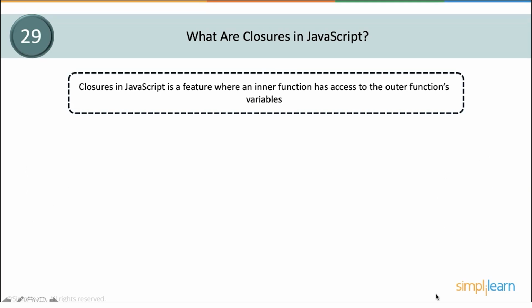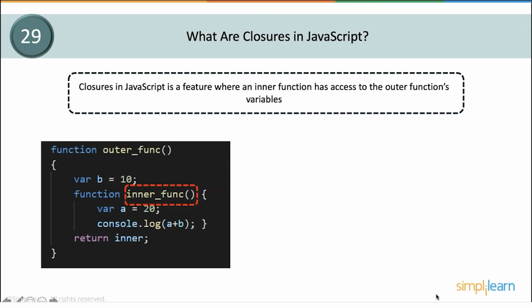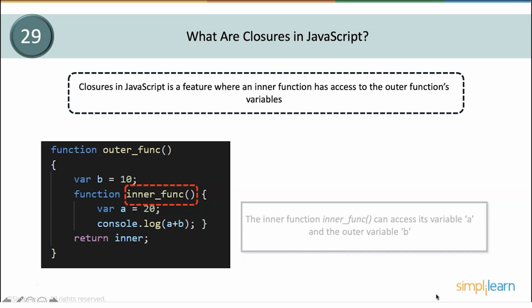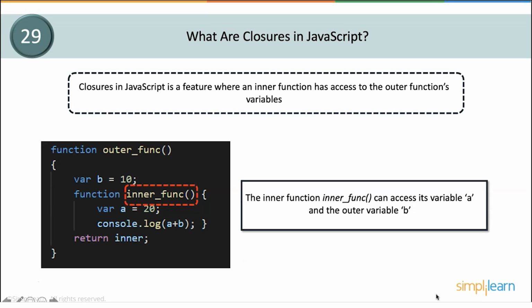A simple example is a function called an inner function, and a function defined on top is the outer function. So the inner function has access to all the functionality of the outer function.